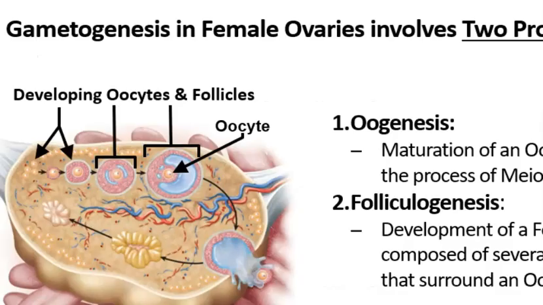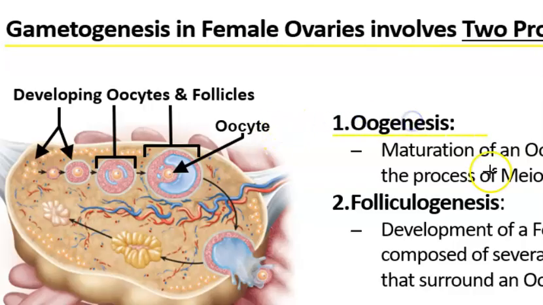So we will focus first on how an ovary produces a gamete, gametogenesis. It turns out that the ovary's gametogenesis involves two distinct processes, but they're dependent on one another.